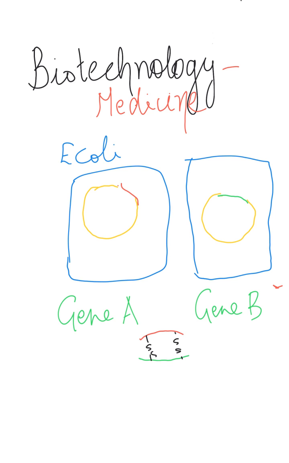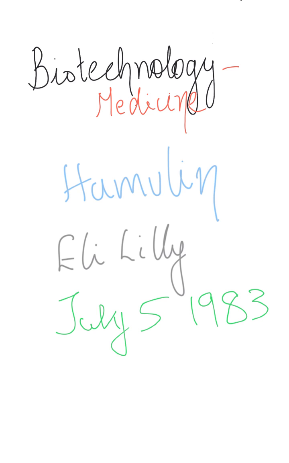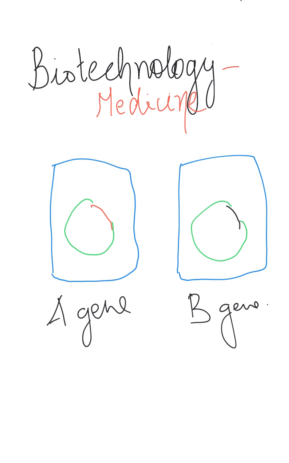So, functional insulin is obtained by genetic engineering. This insulin was called humulin and the entire thing was done by a pharmaceutical company called Eli Lilly, which introduced humulin in the market on July 5th, 1983.